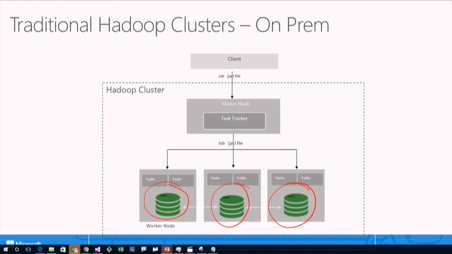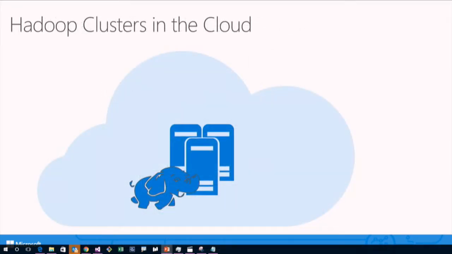Great. Now, when I look at a Hadoop cluster in the cloud, it's kind of different. There are two ways of doing it. One is you just pick up, lift and shift your on-prem clusters and take it to the cloud and call it a cloud cluster, right? Like you just bring in your worker nodes and head nodes, and you deploy the same infrastructure in the cloud and say, OK, this is my cloud cluster.